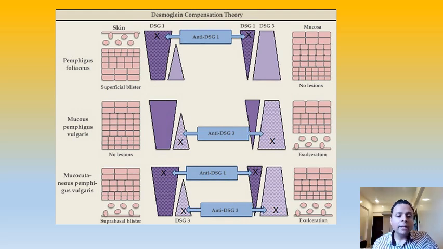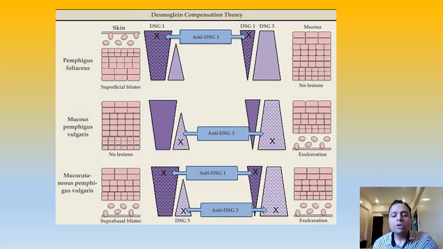Then mucocutaneous, when the antibodies are against desmoglein 1 also and desmoglein 3 also, they will have oral ulceration. When only desmoglein 1 was affected, desmoglein 3 could have taken its place, but now both are affected, so nobody will compensate for each other. So blistering will be more severe.